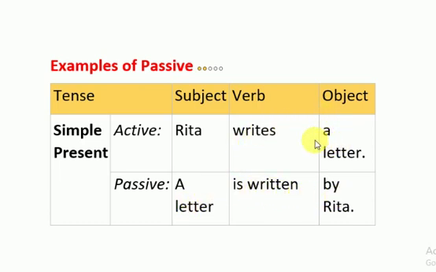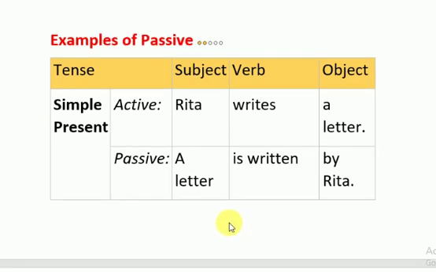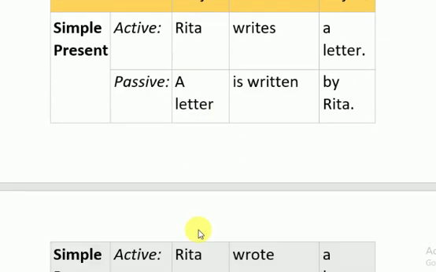You see here the object in the active sentence becomes the subject in the passive one. And you see here Rita, which is the subject in the active voice, becomes the object in the passive one.